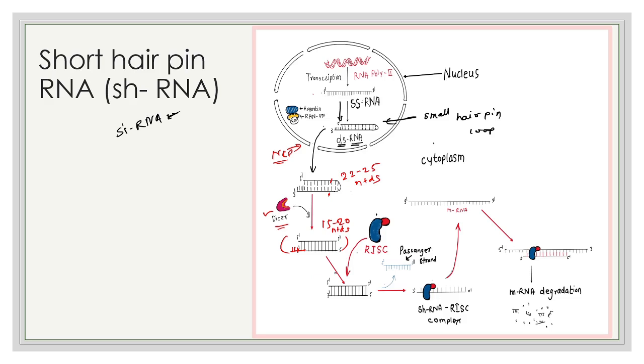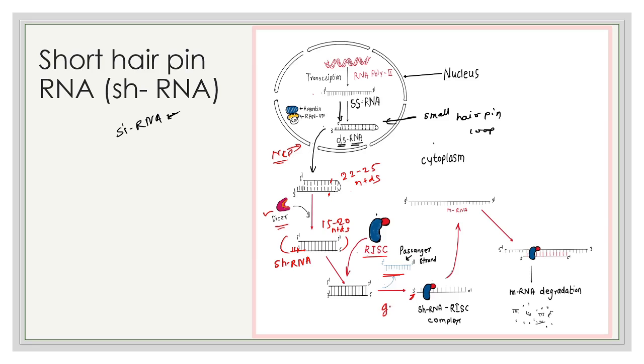Now the processed double-stranded RNA is called shRNA, or short hairpin RNA. The further mechanism is similar to siRNA or miRNA. The RISC complex comes toward the double-stranded RNA, that is shRNA, and performs the helicase activity. At that time, one strand acts as a passenger strand and the other strand acts as a guide strand.